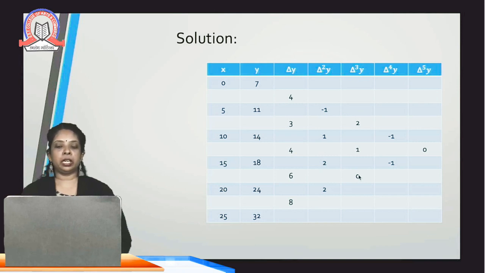Now we can go to the fourth level of differences using the third layer, that is 1 minus 2. 1 minus 2 is equal to minus 1, and 0 minus 1 is equal to minus 1. So in the fourth level we got both values the same. For the final layer, we have to reach one individual value, whatever it is.